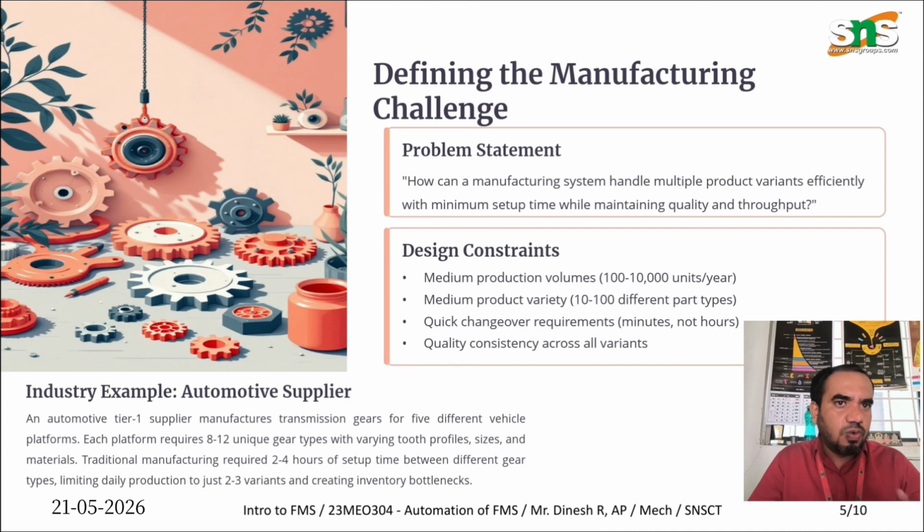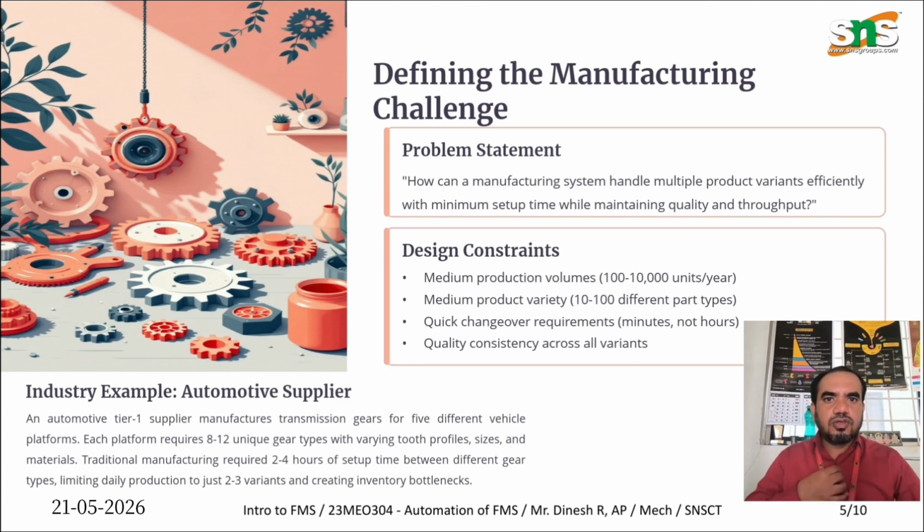Quick changeover requirements must be taken in minutes, not in hours, because if it takes hours, it will go for more downtime. So the quick changeover requirements should always be calculated in minutes, and it has to be completed within minutes itself, not in hours. Then the quality consistency across all variants.